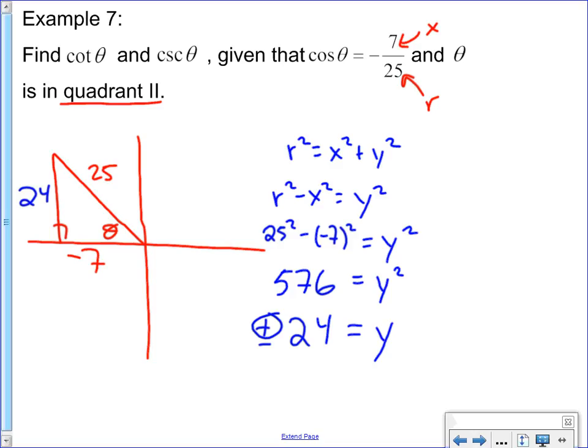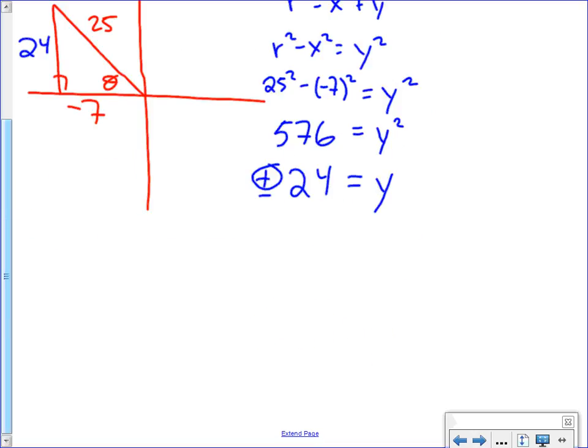Okay? All right, so as you can see, by drawing out the triangle, now you can just grab it. You don't even have to worry about making up fractions or anything like that. All you have to do is pull it out. So cotangent is what over what? We know the cotangent of theta is going to be the x over y.